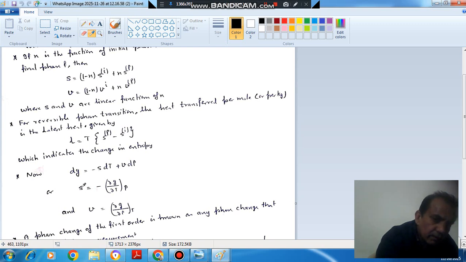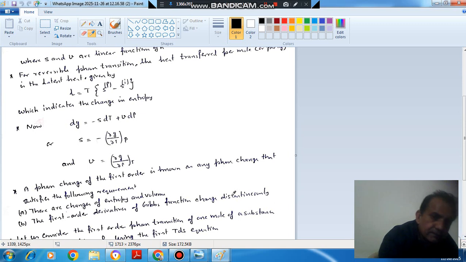So it means S is a function of the change in Gibbs function and V is also a function of the change in Gibbs function. The Gibbs function has to change to satisfy this condition and this condition, while pressure and temperature are constant during this.